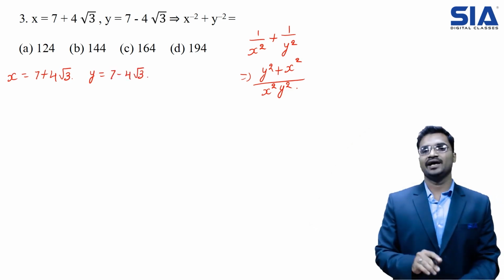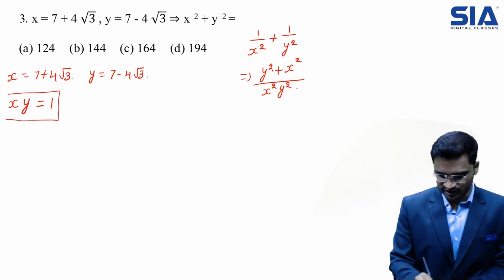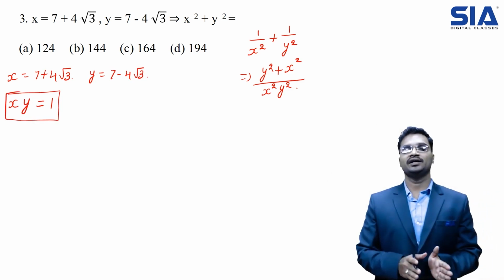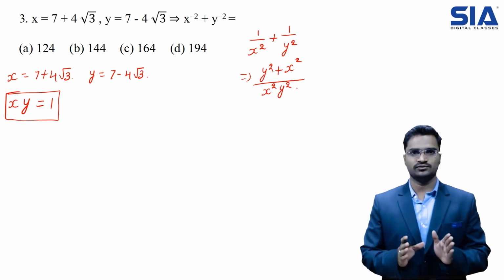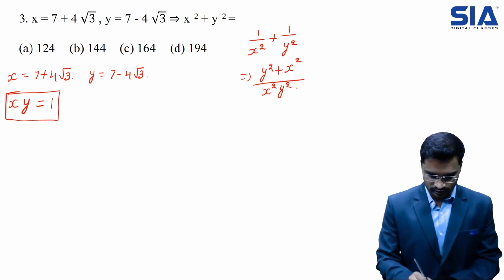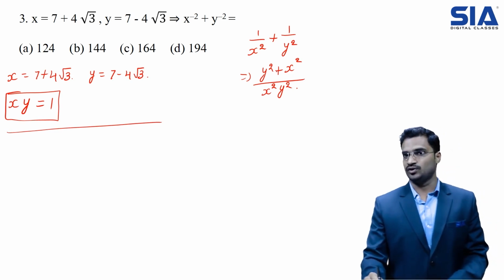After multiplying x with y, I get a value of xy equal to 1. You can verify this. Now what I have to find is the x square plus y square value.